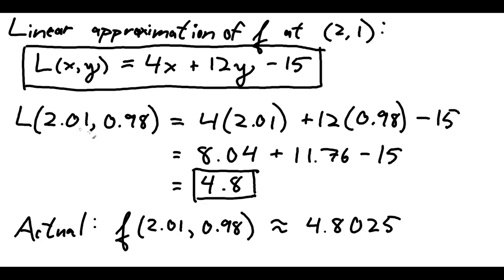Now, we were very close to the point in question, right? These are very tiny adjustments. If you drift further away, the approximation will be less good. And this is a fairly well-behaved function that doesn't change too rapidly.